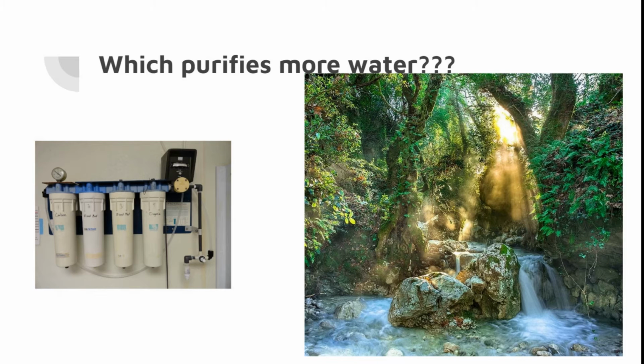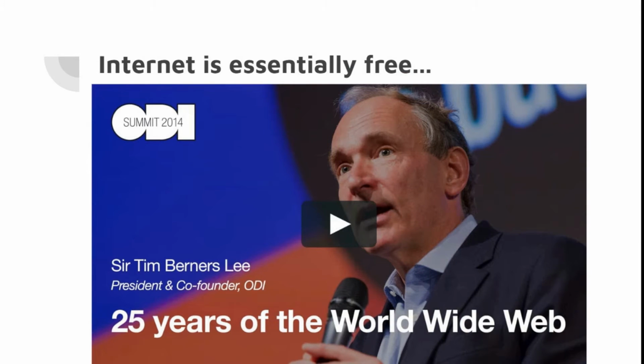So the first thing is that the internet that all of us use is essentially free. And this person, Sir Tim Berners-Lee, was the person who invented the World Wide Web. And the World Wide Web or the internet is essentially free. It's a set of rules that everybody plays by, and that leads to the creation of this wonderful thing, all this information available for free.